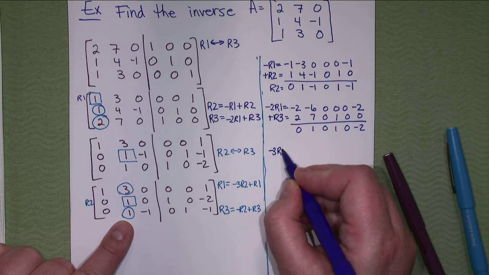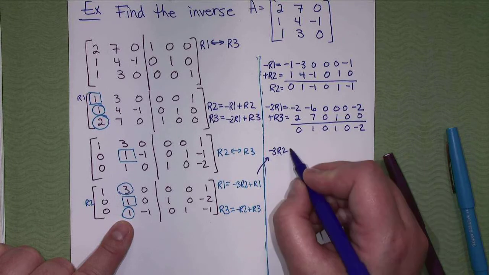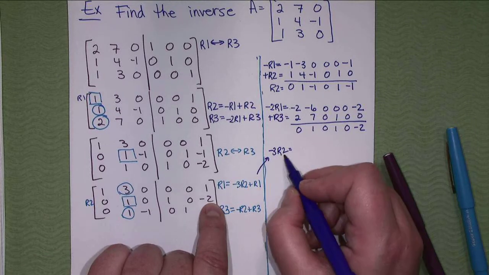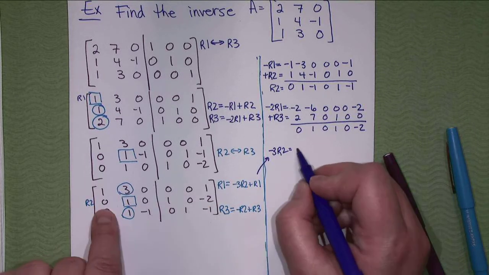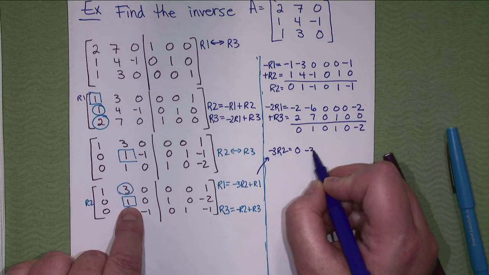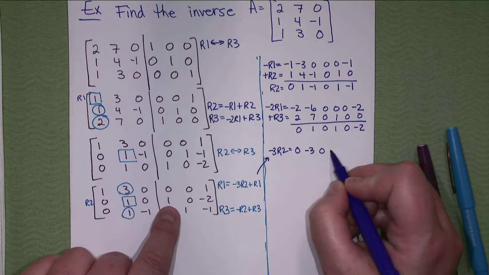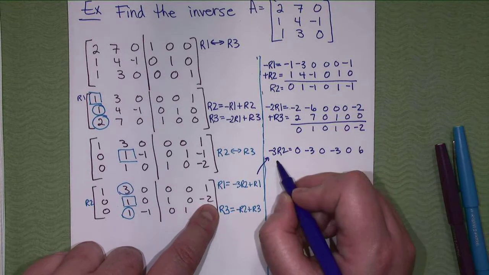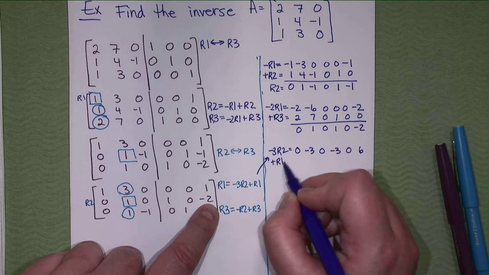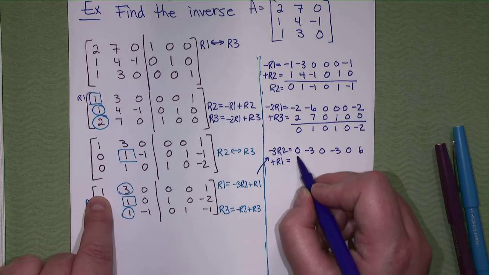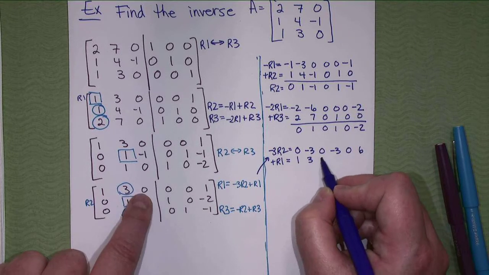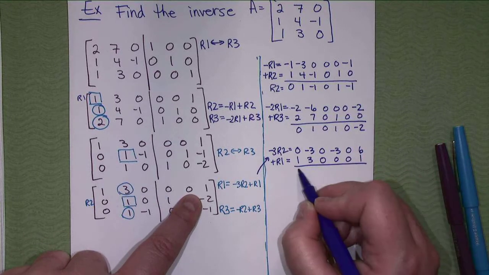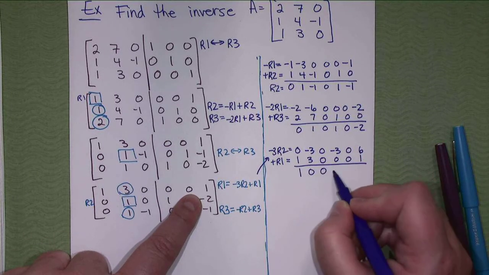So make sure you're doing it by -3 by everything in row 2, plus row 1. That's just writing row 1 as it is. Add them together. And that's our new row 1.